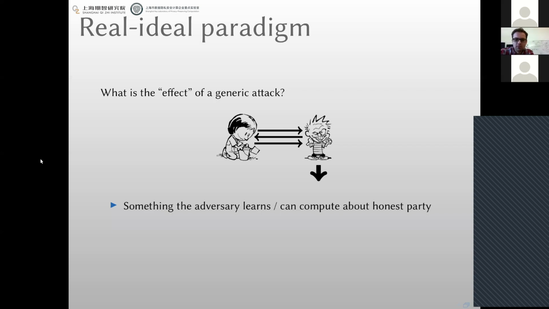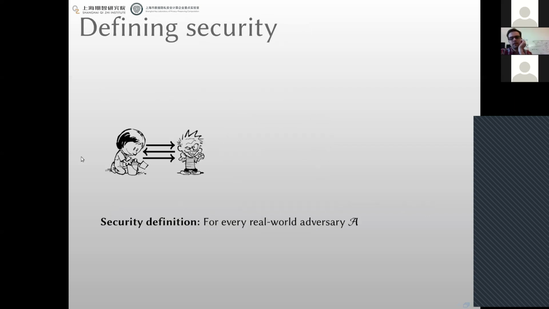They can compute some information about the honest party's input. And they've also caused the honest party to give some output. These are basically the only things that can happen. So those two things are the total outcome of this interaction.